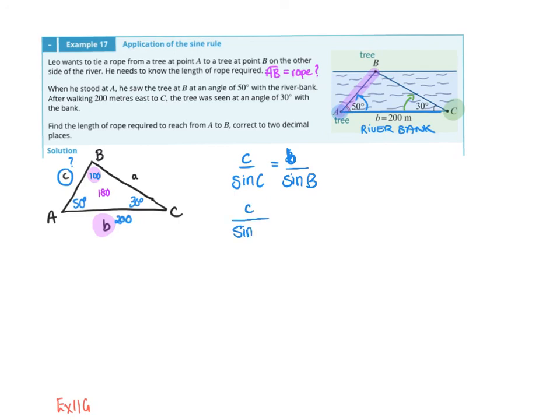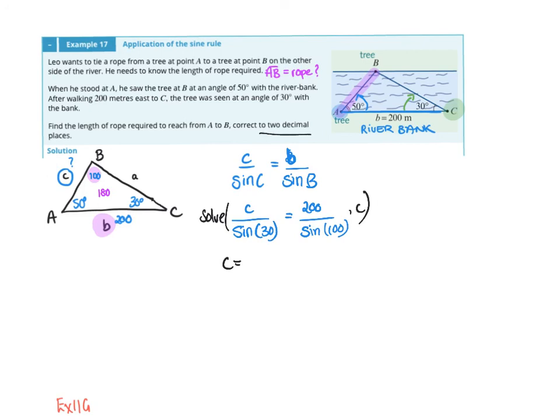So I know angle C is 30 degrees and B is 200 over sine 100, and then we can pop in n solve, comma C, and let's get our answer.